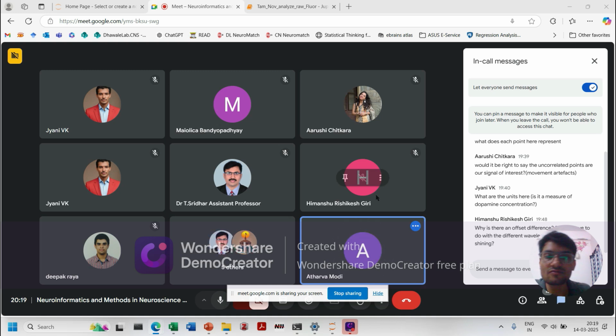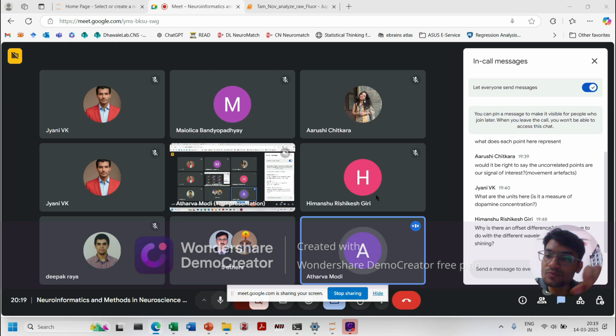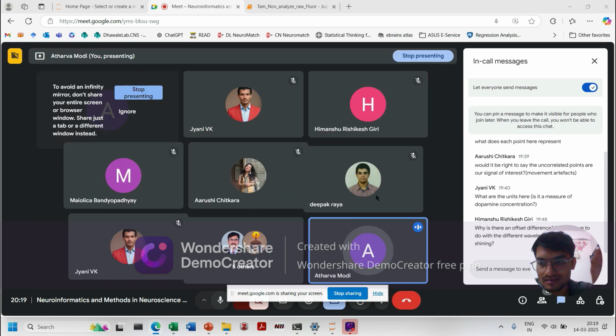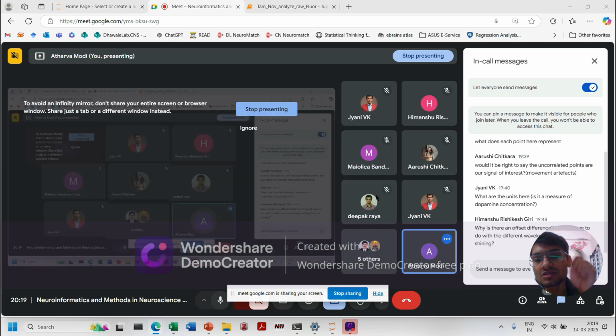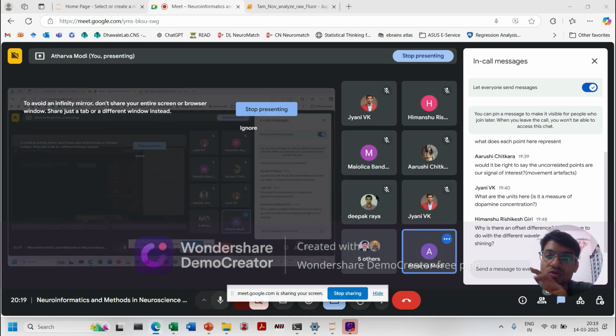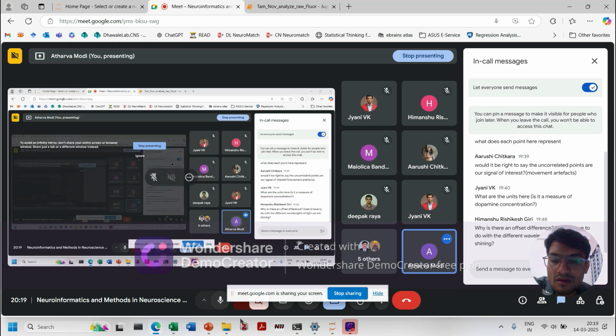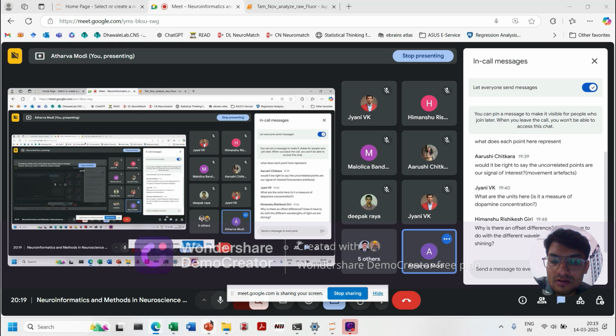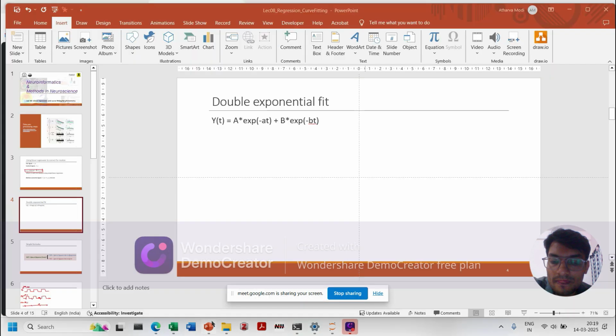So even if you write y equals beta naught plus beta 1 into e to power minus x, something in x, then also it is linear, right? You are still estimating beta naught and beta 1.